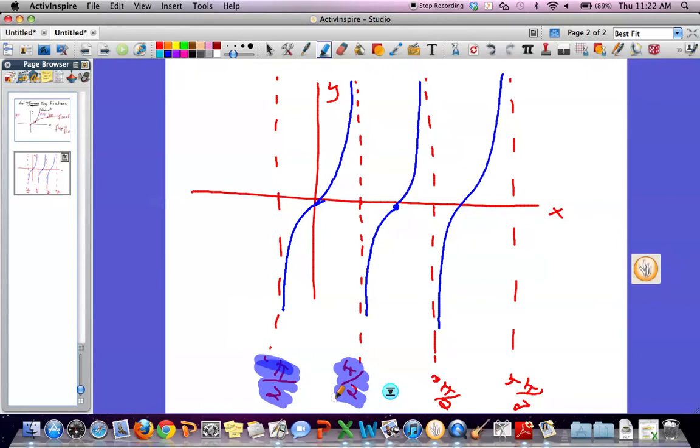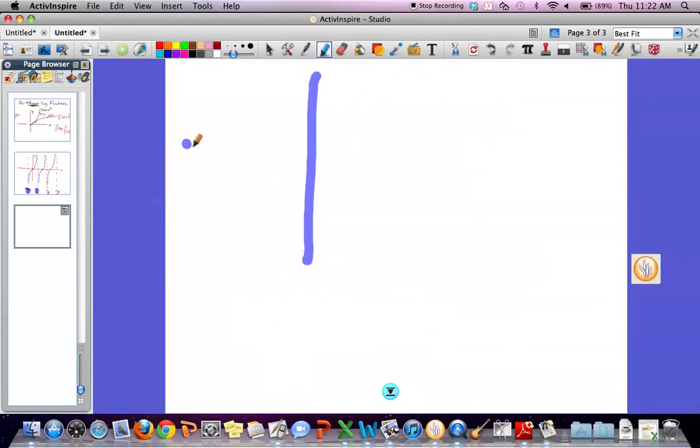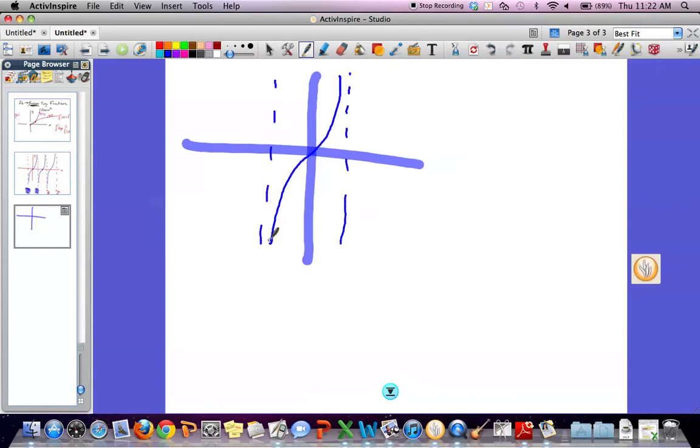So let me just go to the next page and sketch. So there is my tangent restricted from negative pi over 2 to pi over 2. In other words, it takes on all of the values from negative 90 degrees to 90 degrees. And what it would look like would be something like this.